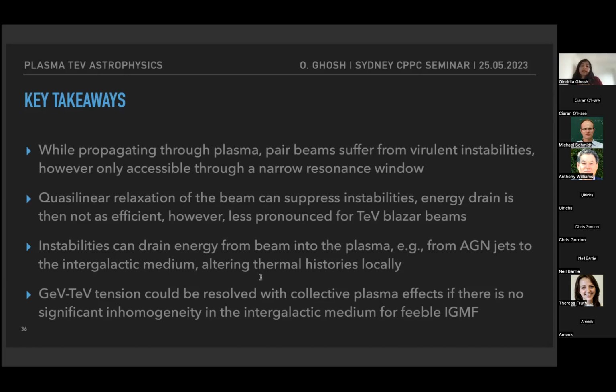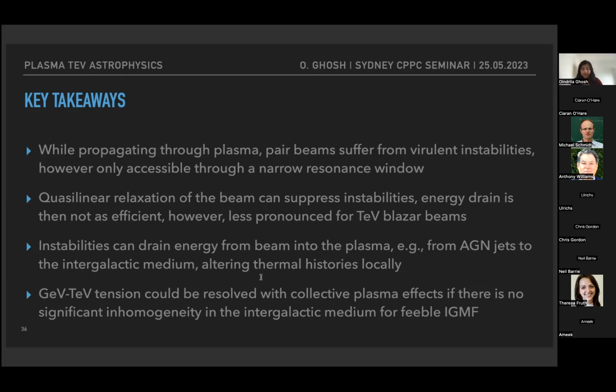And the instabilities can drain energy, as we have seen, from the beam into the background plasma, meaning from the AGN jets, the central black holes, into the intergalactic medium. And this could alter the thermal histories locally.